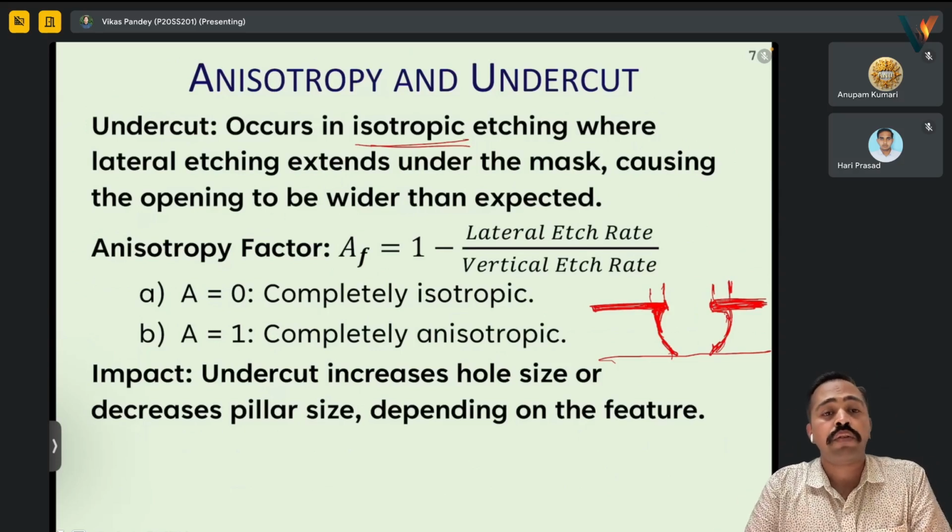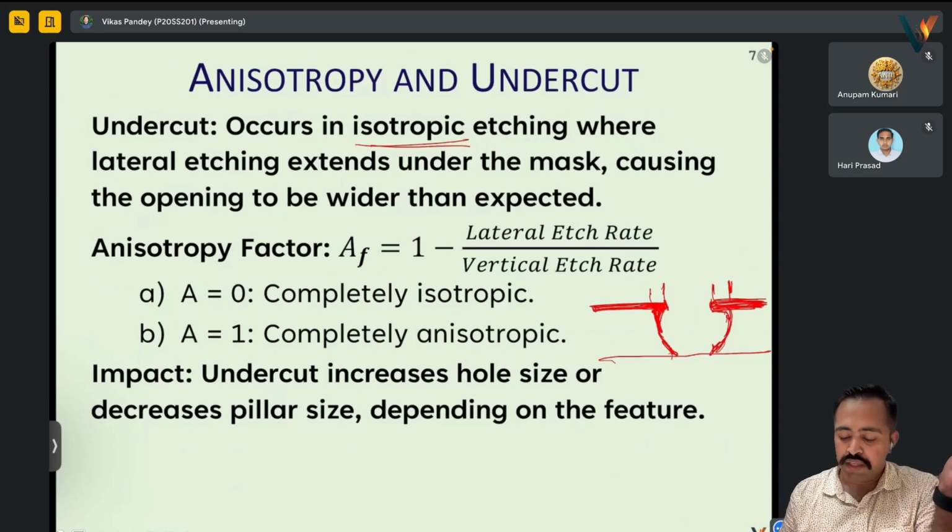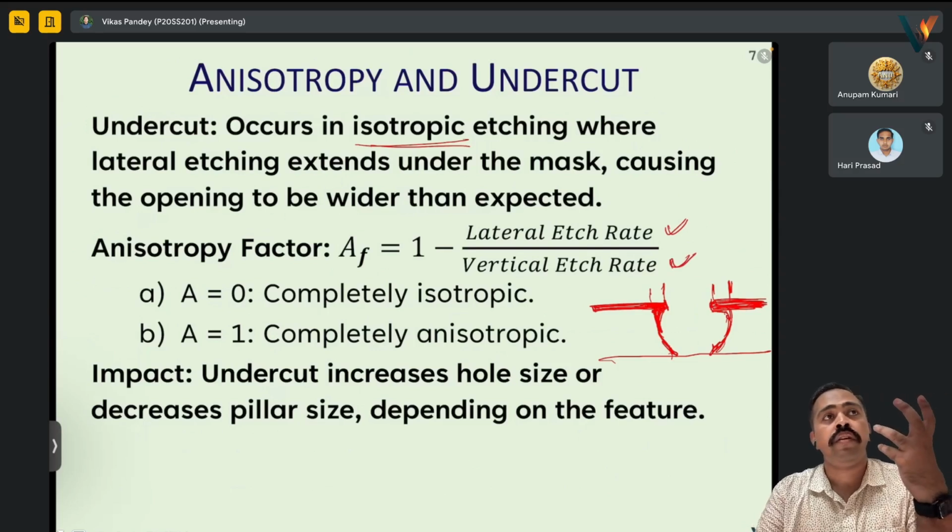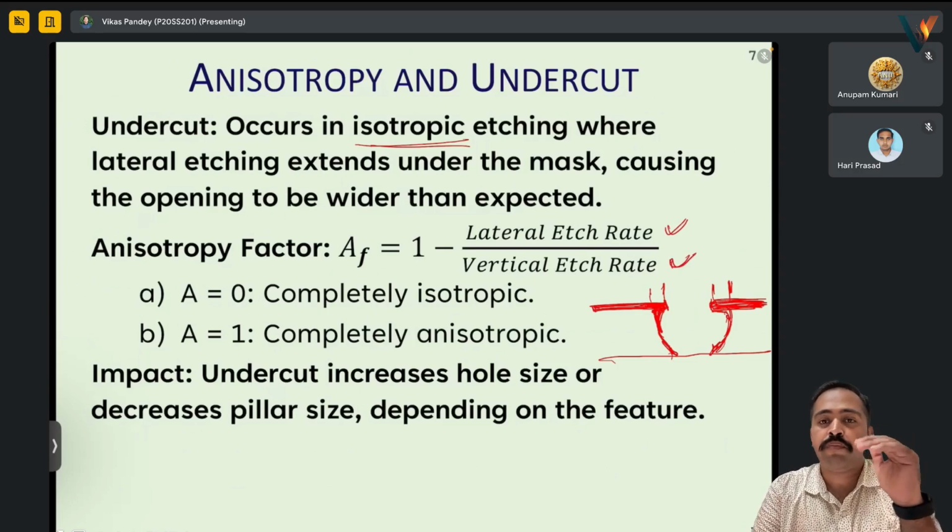So there is a factor that defines how much anisotropy is there. And that is AF equals 1 minus lateral etch rate divided by vertical etch rate. Because any material cannot be perfectly isotropic or perfectly anisotropic, there will be a difference in lateral etch rate and vertical etch rate.